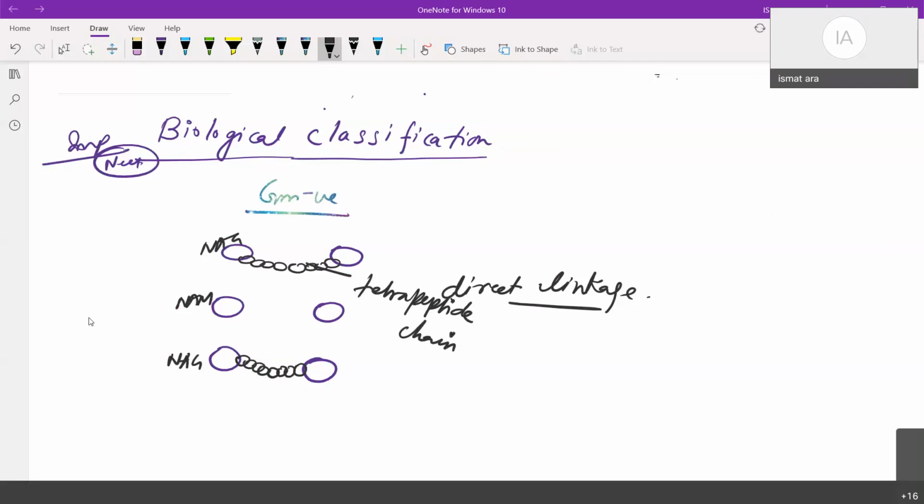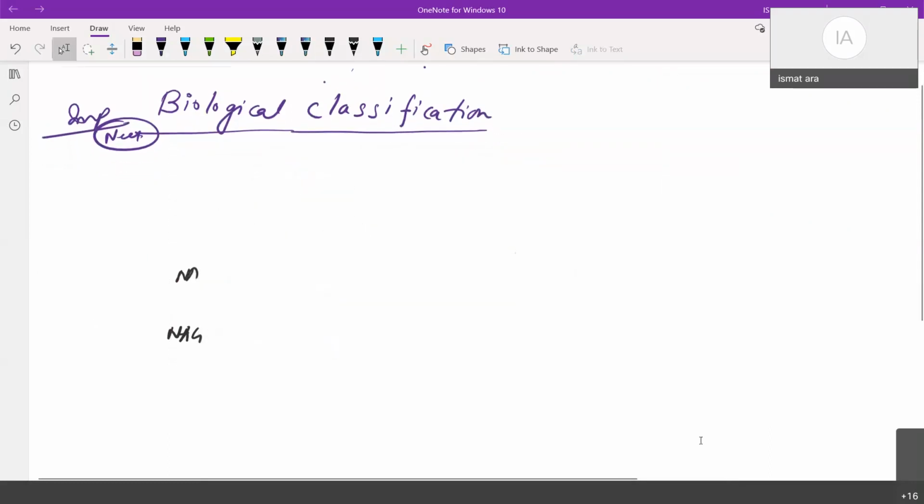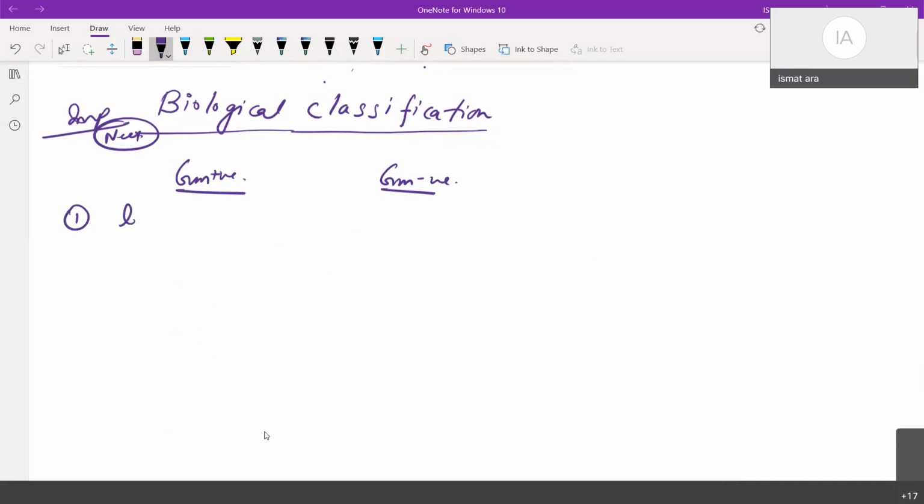Some more differences we will see regarding gram-positive and gram-negative bacteria. Okay. Let us see some more differences. Gram-positive and gram-negative bacteria. First one, from the diagram, we can conclude that in gram-positive, indirect linkage. Okay.